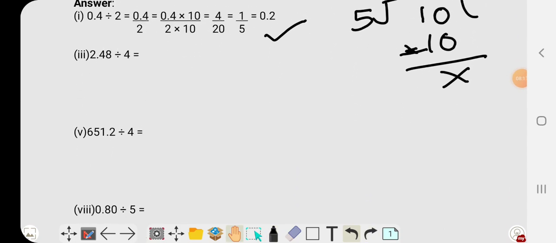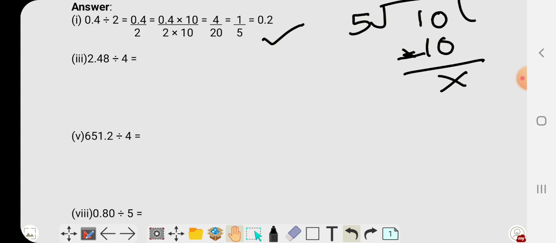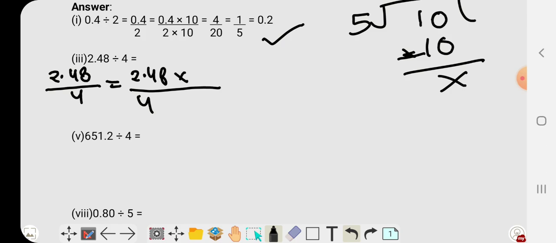Next is 2.48 divided by 4. So write it. 2.48 divided by 4. So we are going to multiply with 100 on both. Why? Because there are two numbers after the decimal. Two numbers means two zeros, that is in 100.